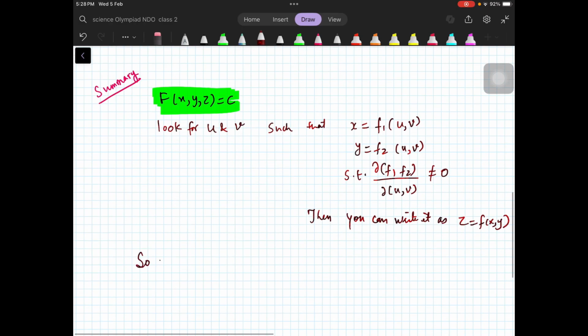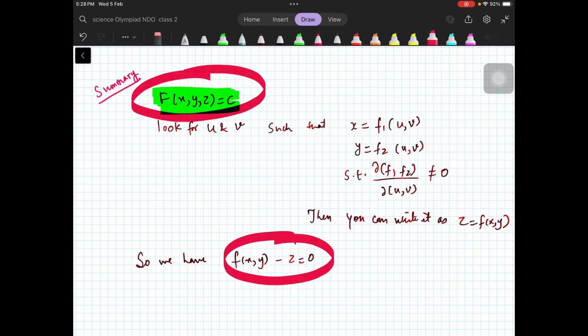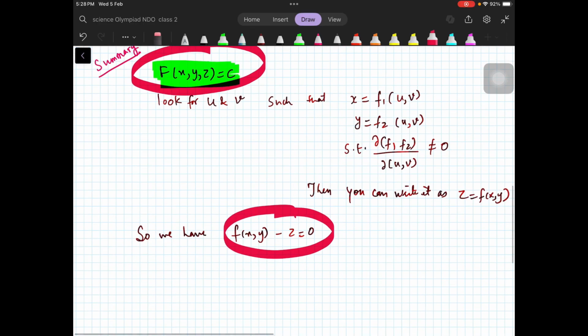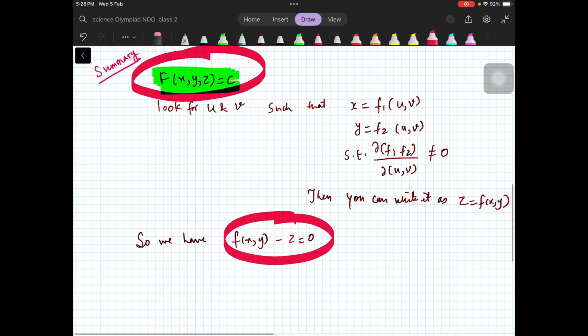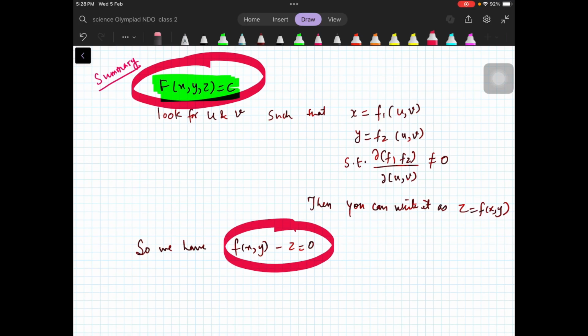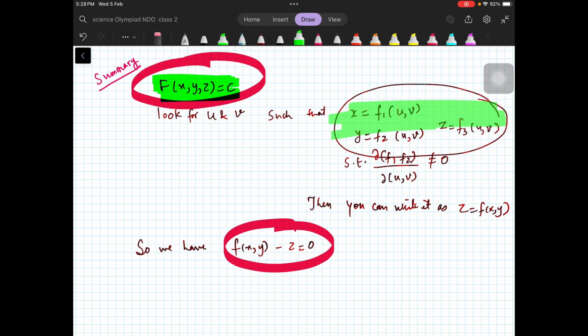So we have f(x, y) minus z equal to 0. So instead of this particular equation here, you will get this equation, right? Does that make sense? And here you also had z is equal to f3 of u, v. So this here is called the parametric representation of the surface.